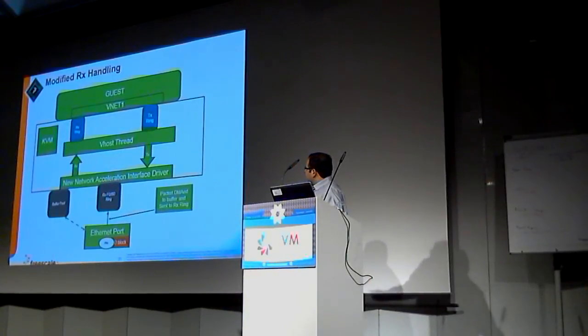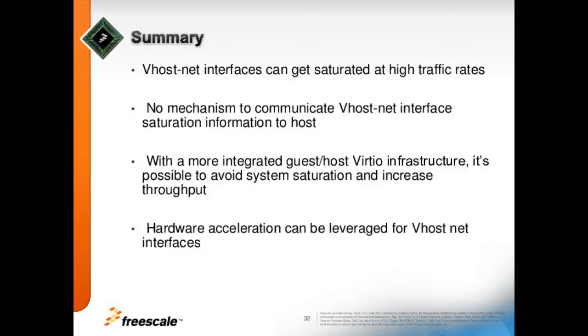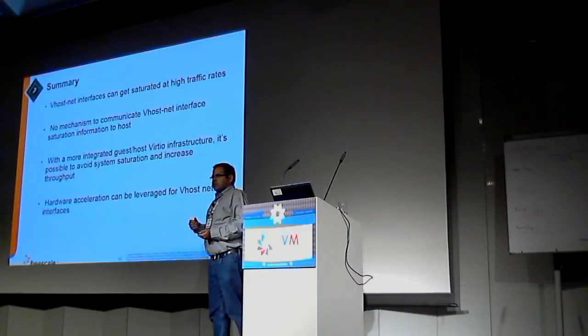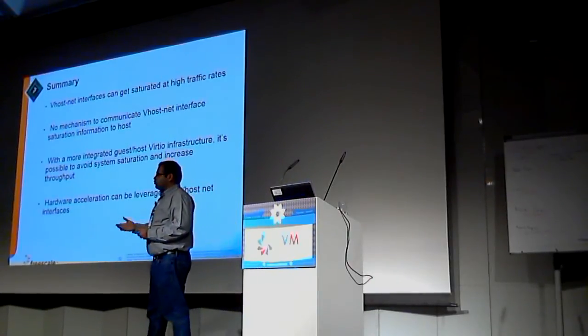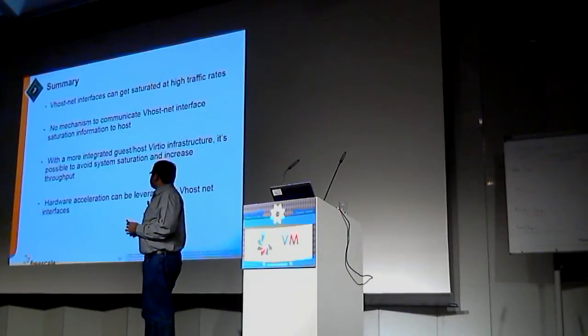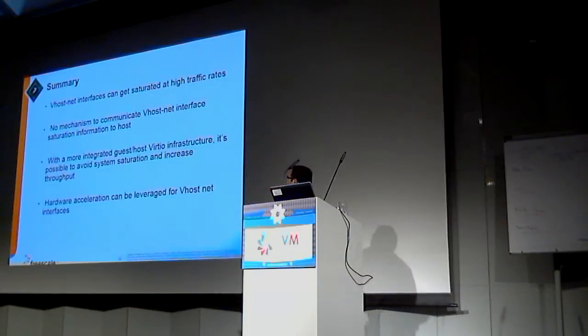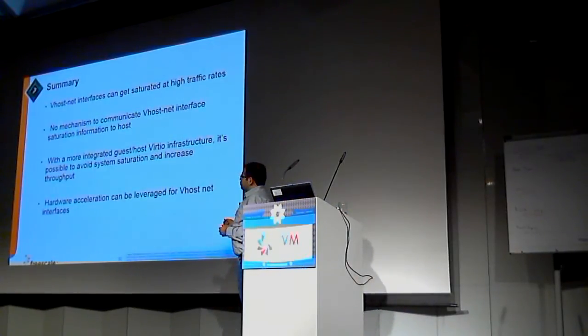So essentially, this was the architecture that we are proposing for enhancing the VirtIO functionality, and which would certainly help VirtIO to deal with use cases with respect to network function virtualization. To summarize what I just presented, in certain use cases, vhost.net interfaces can get saturated with high traffic rate, and there is no mechanism as of now through which you can communicate this saturation from the guest to the physical interface.